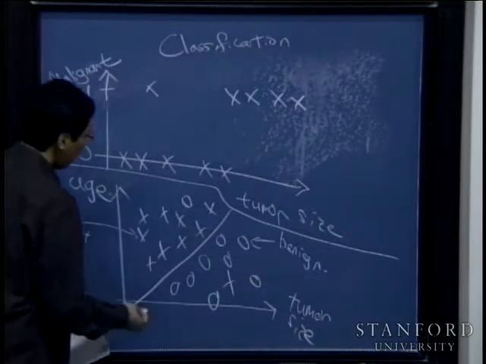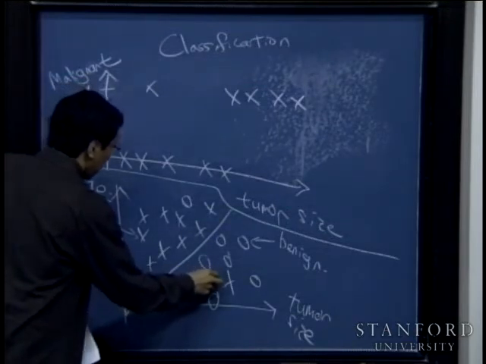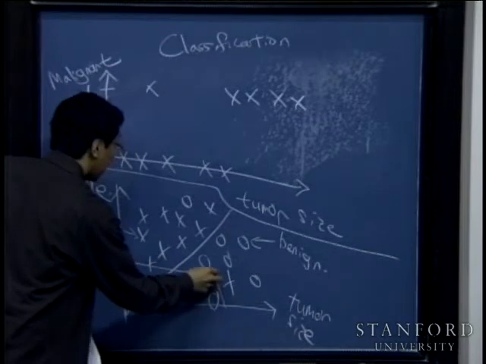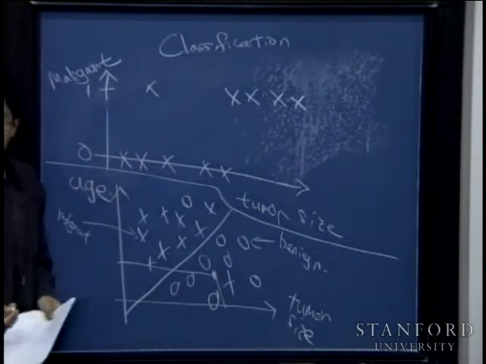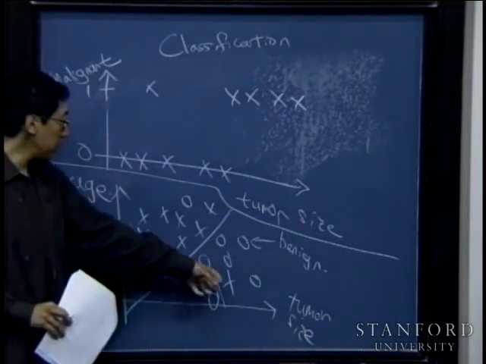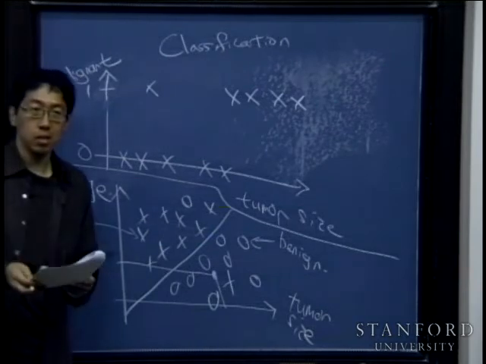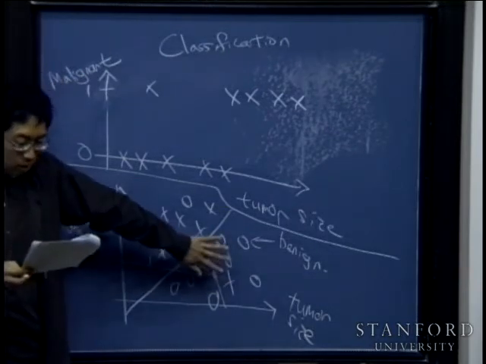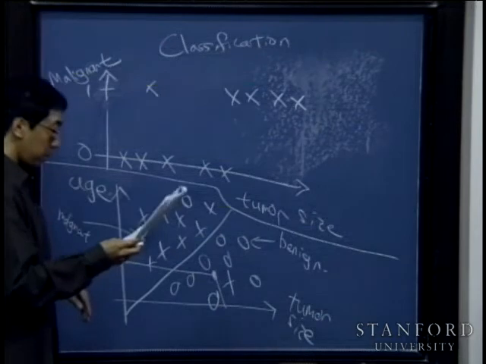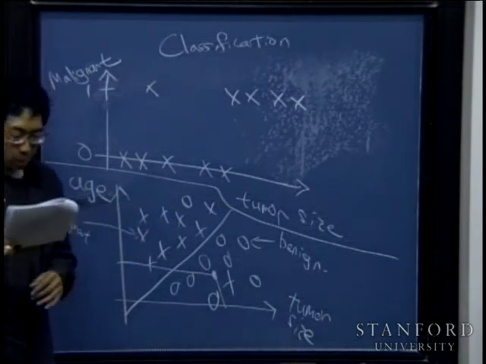And so if you have a new patient whose age and tumor size fall over there, then the algorithm may predict that the tumor is benign rather than malignant. Okay? So this is just another example of another supervised learning problem.